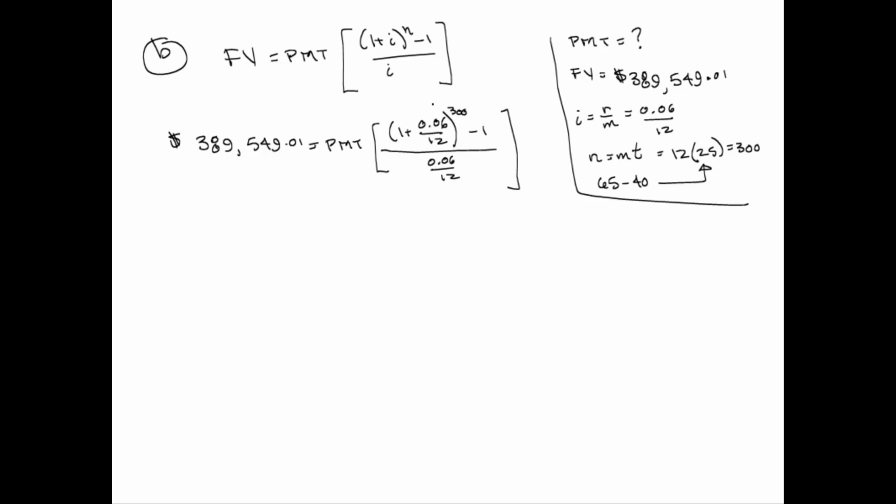Again, I suggest starting with the most complicated part first, and then you can go 389,000 divided by whatever answer you get. You should end up with $562.12. This is Tom's monthly payment.